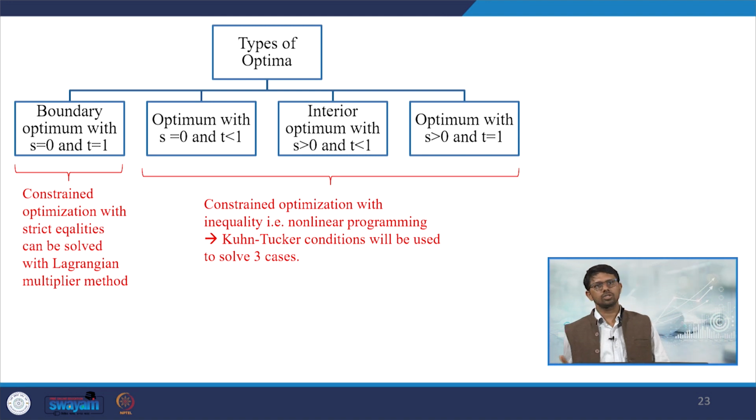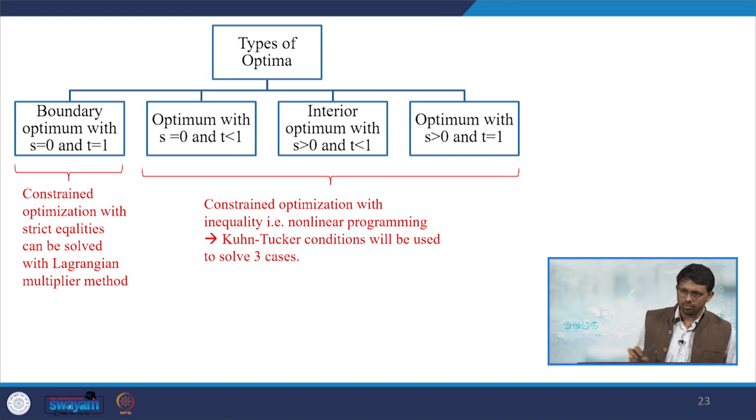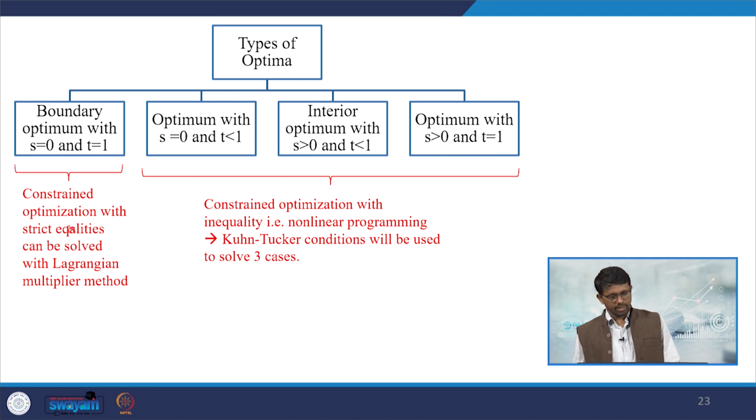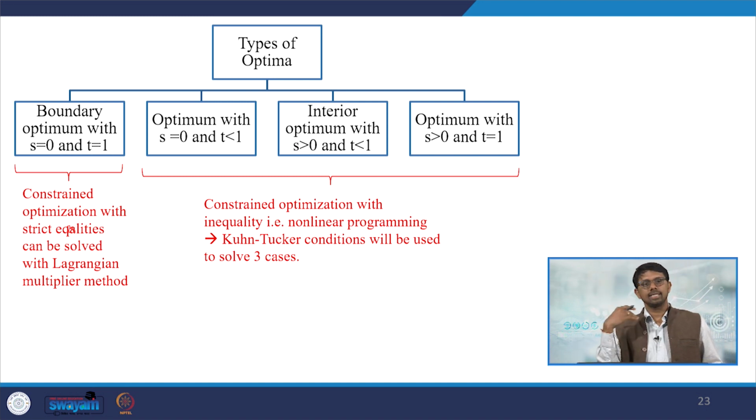or that is called constraint follows the equalities, hence we will be following the Lagrangian multiplier method, whereas in other cases where the constraint function is constraint optimization with inequalities or nonlinear programming, in that case we are supposed to go through Kuhn-Tucker conditions.